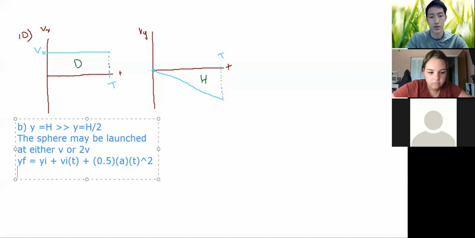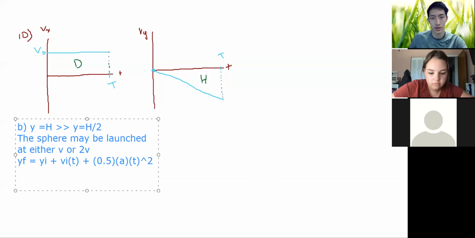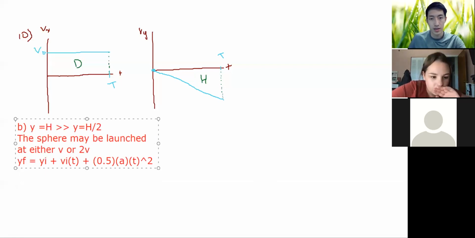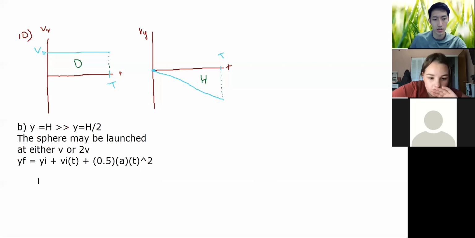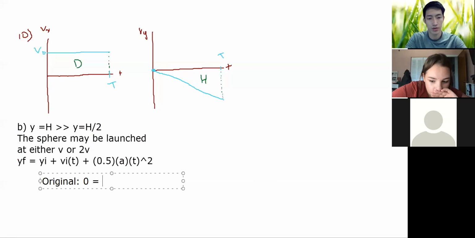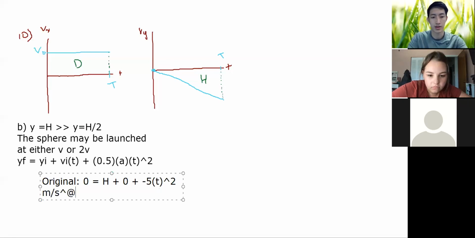So if we go to the original, 0 equals h plus 0 plus -5 t squared meters per second squared.